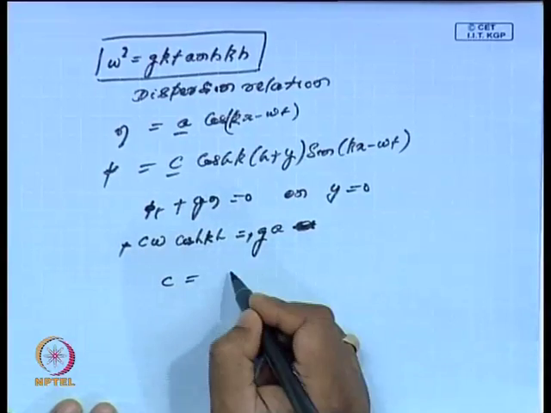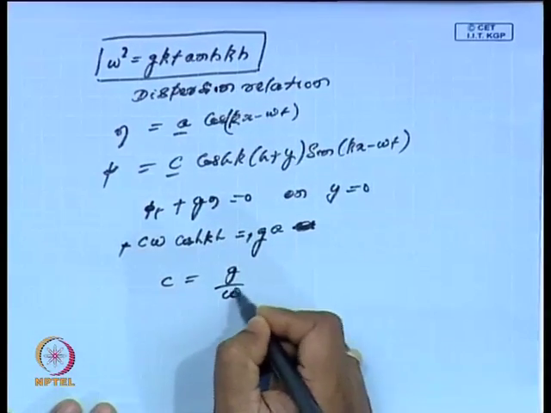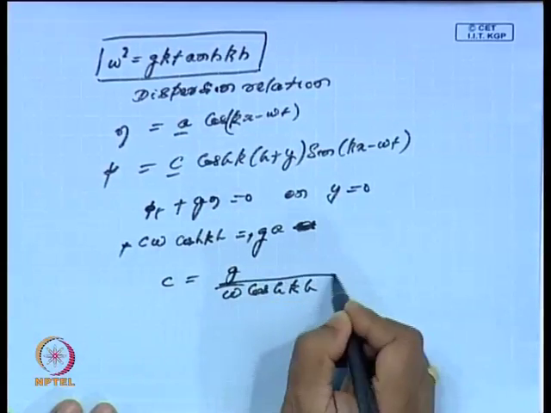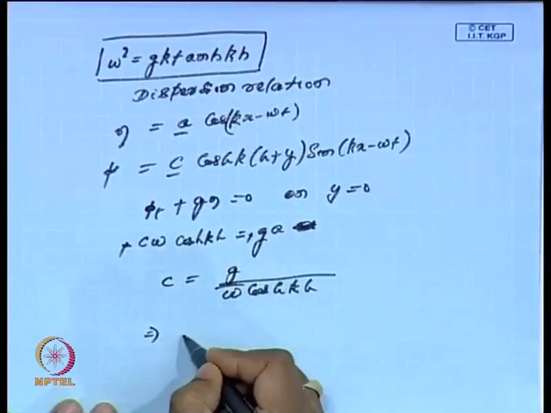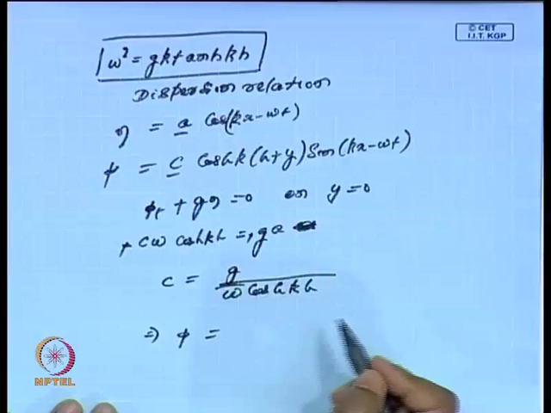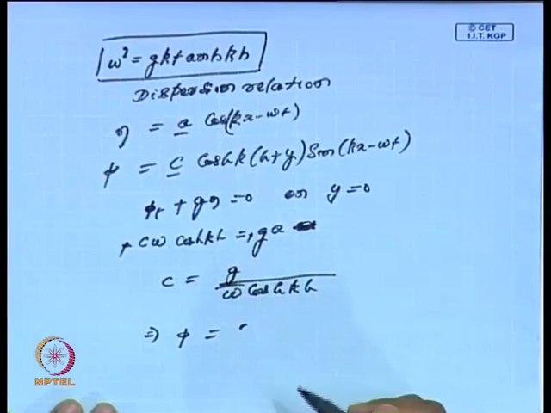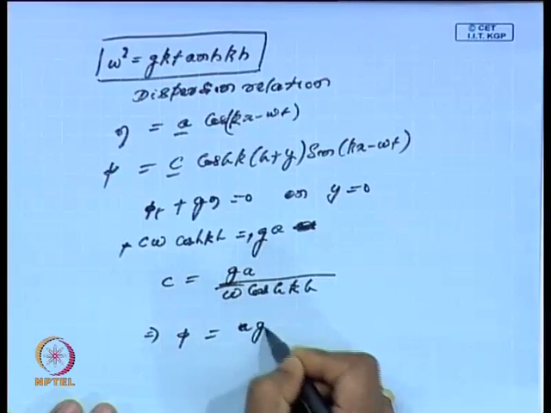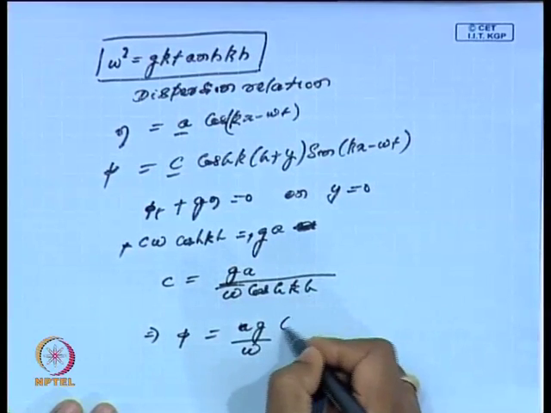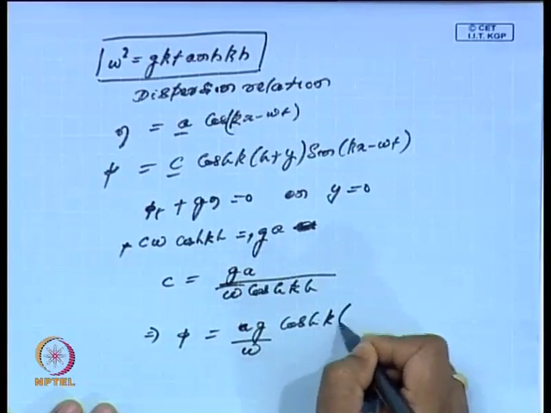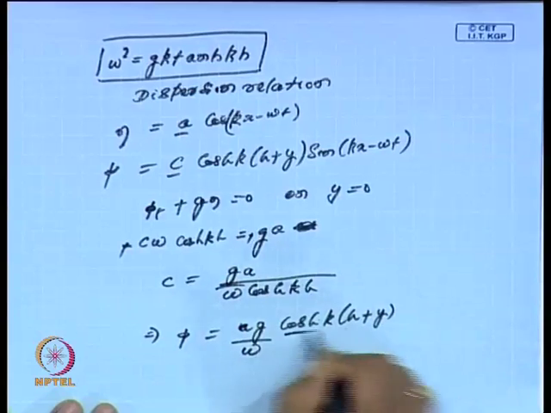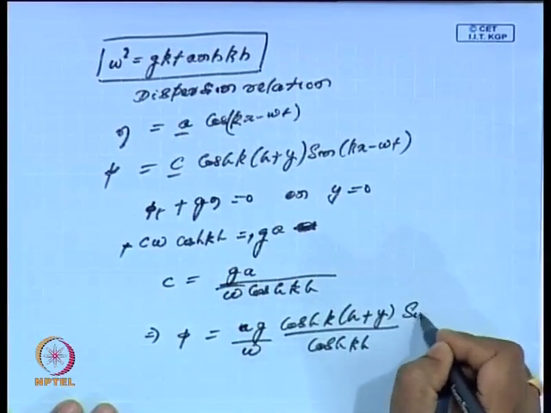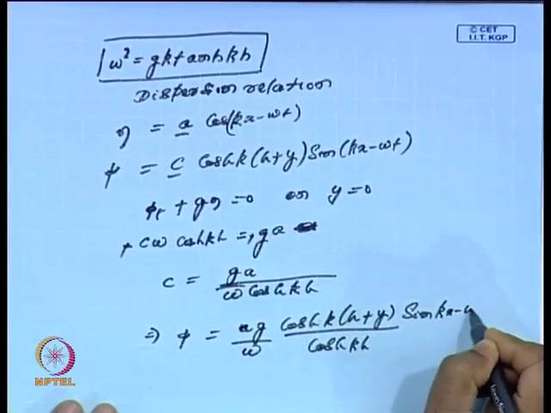So, that will give me C equal to a g by omega cosh(kh), which implies my phi will be a g by omega cosh(k(h plus y)) divided by cosh(kh) into sin(kx minus omega t).